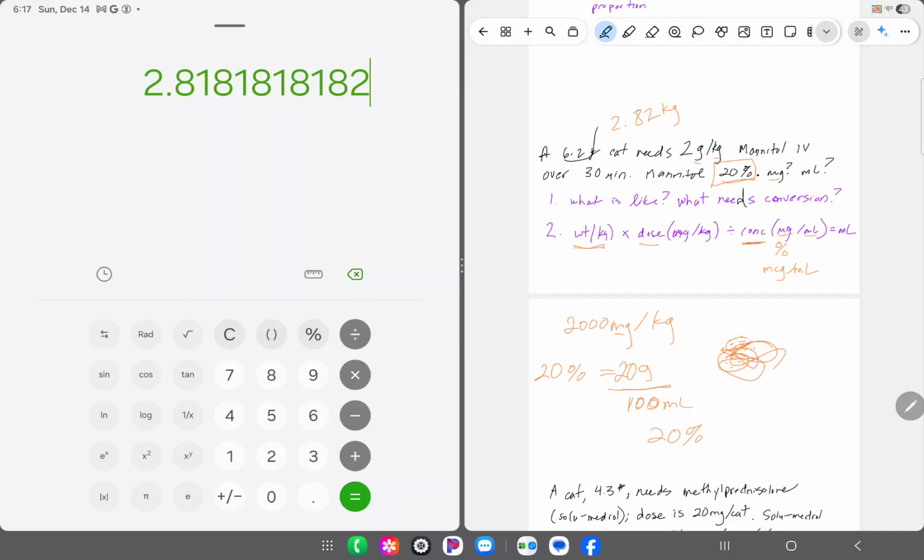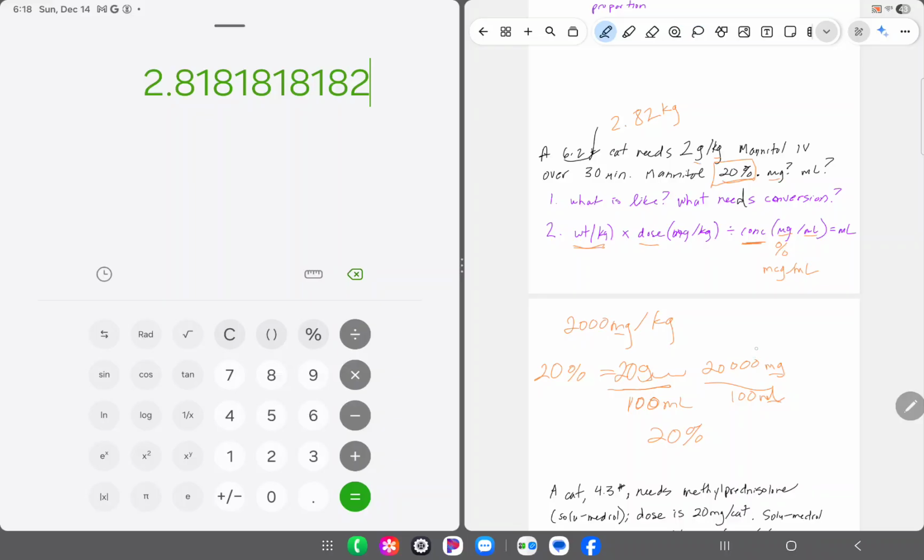Okay, great. But that doesn't help me because 20 grams in 100 mils is not the same as mig per mil. Well, don't worry, because we already know, again, 20 grams is 20,000 milligrams in 100 mil. Okay, now we got mig per mil. We are very used to that.